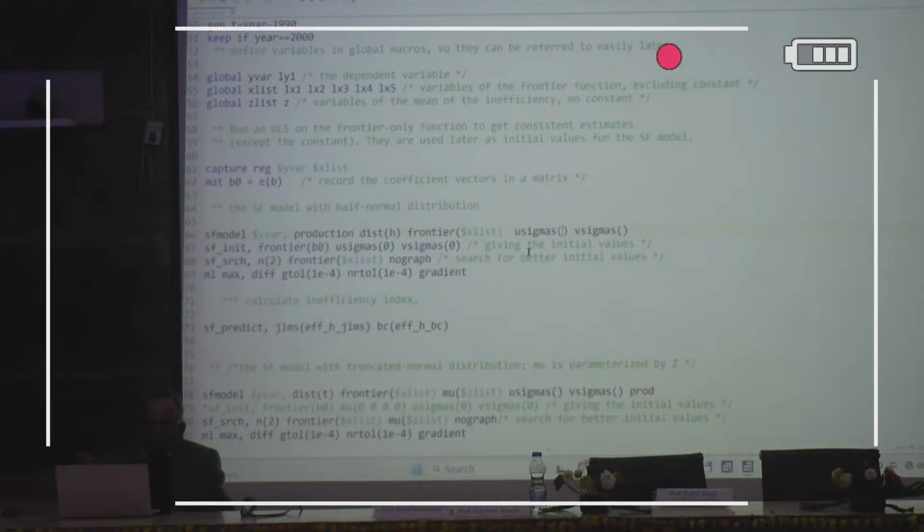But in maximum likelihood, there is no closed form solution. So you have to start from somewhere, just like a hill climber. Think in terms of climbing a hill: you don't go to the top right away. You start from somewhere and then gradually climb all the way to the top.